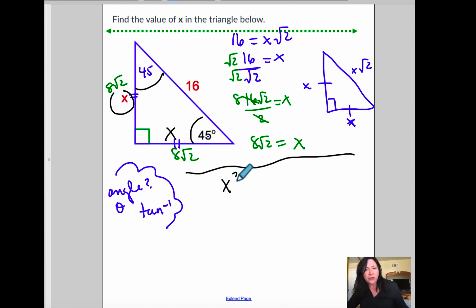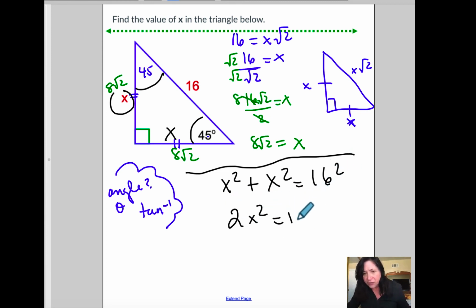And I can just simply use Pythagorean Theorem. x squared plus x squared is equal to 16 squared. 2x squared equals 16 squared, 196. 256. What did I just write? I just wrote 14 squared. Sorry about that. 256. 256 divided by 2 is 128. So we have x squared is equal to 128.